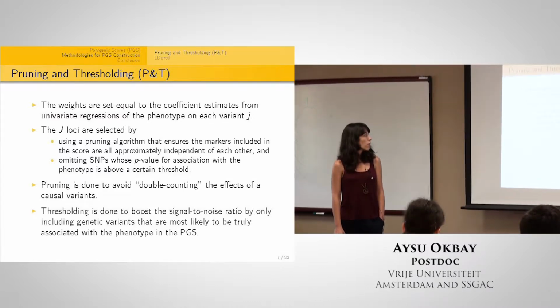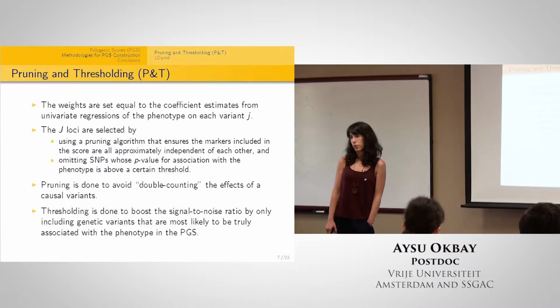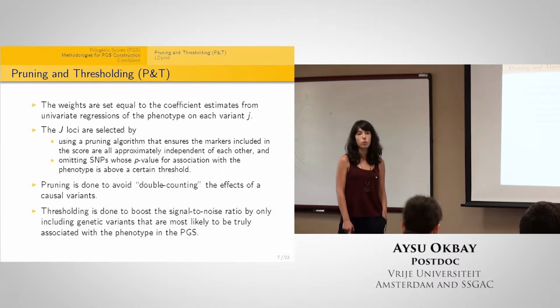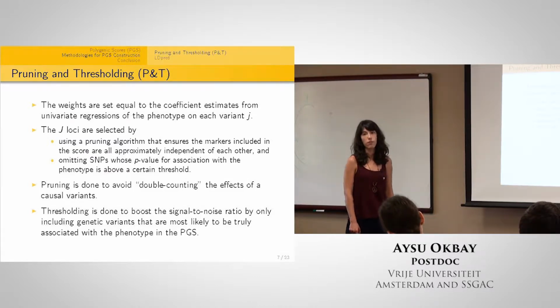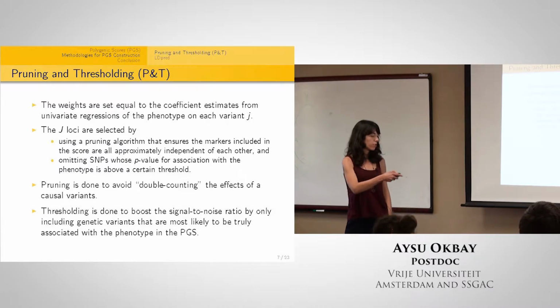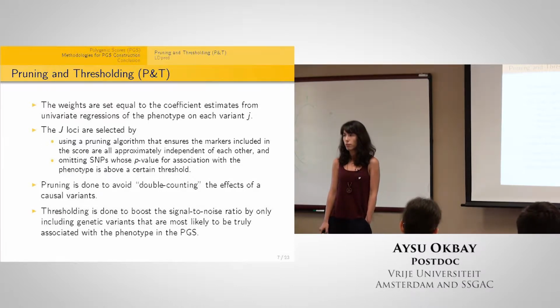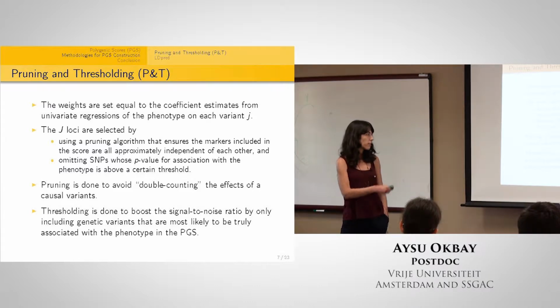And you also apply a p-value threshold. You can omit SNPs whose p-values are above a certain threshold. This is, of course, done to boost the signal-to-noise ratio. You want to include the SNPs that are more likely to be associated with your outcome. And the pruning is, again, done to avoid the double counting.